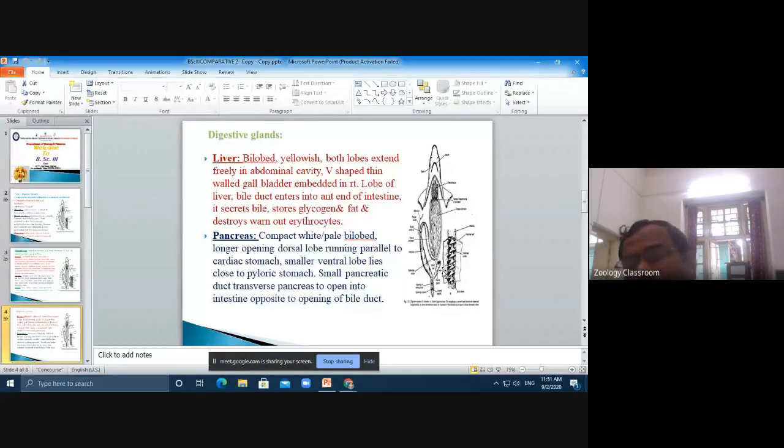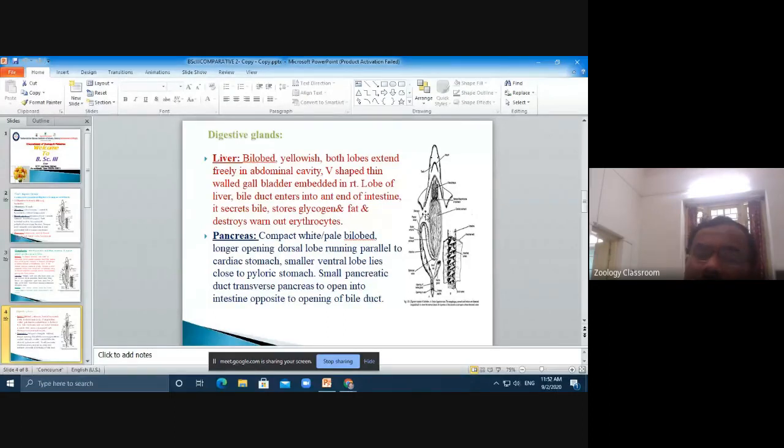Now come to the last part of the digestive system in fish, that is the digestive glands. As you know, we have already studied the digestive glands. These are two: the first one is the liver and the second one is the pancreas. Here, in the figure, both the glands are not shown.